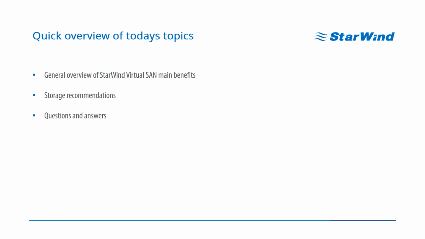Having just, for example, two regular servers or old servers equipped with regular local disks, you'll be able to deploy StarWind VSAN in your environment. It is easy, and the procedure of configuring our solution is quite straightforward. From my point of view, this is the main advantage of StarWind.